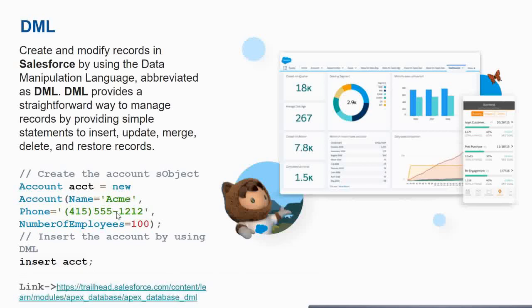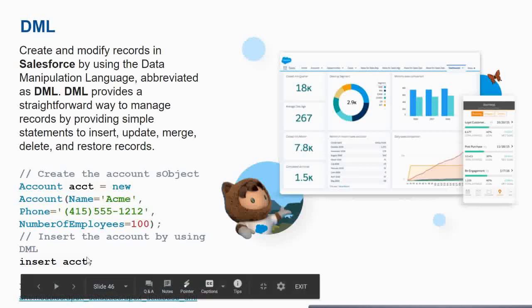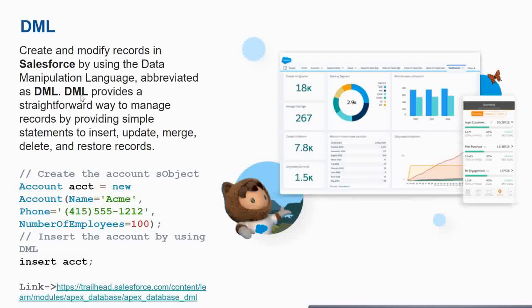These are used to manipulate the data, and that's called DML. It's just a name: Data Manipulation Language. Anything you do inside your Apex like insert or update is DML.